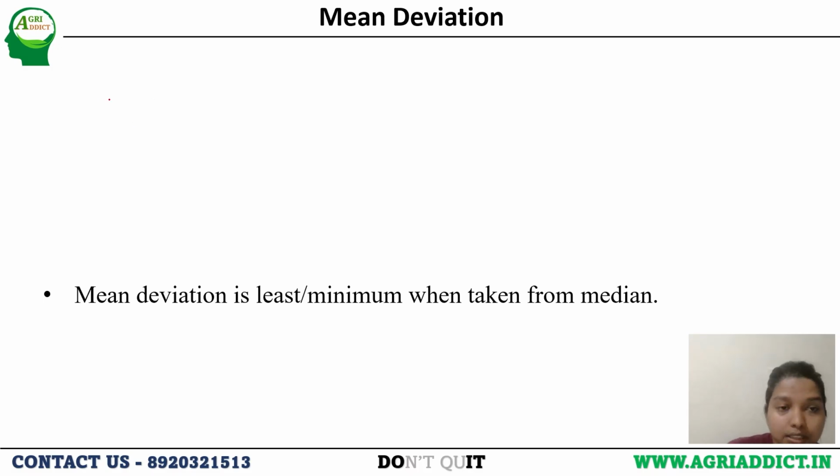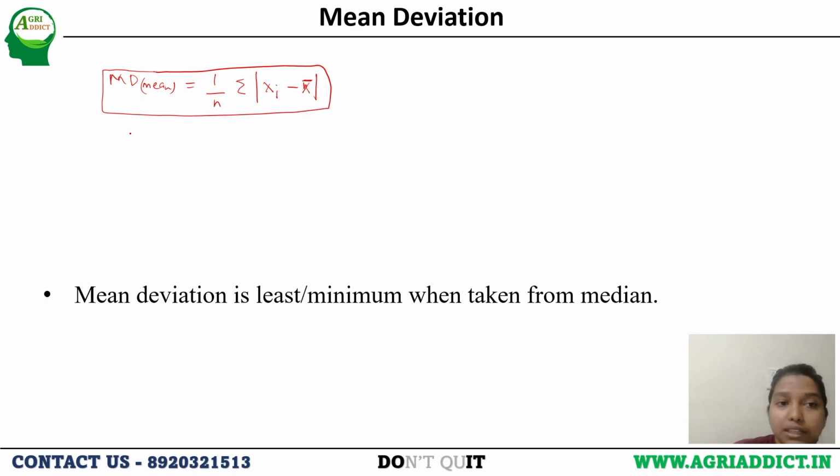So let's first derive the mean deviation with respect to the mean. The formula is 1 by n summation of modulus of xi minus the mean, or x bar. This is for mean deviation from the mean.